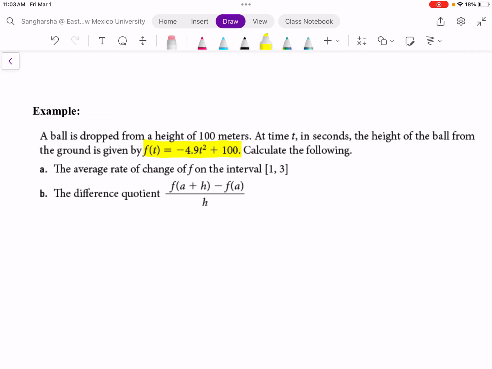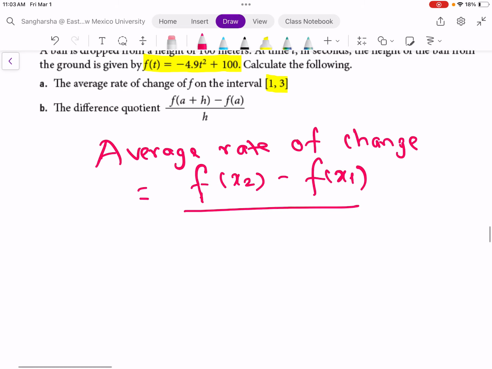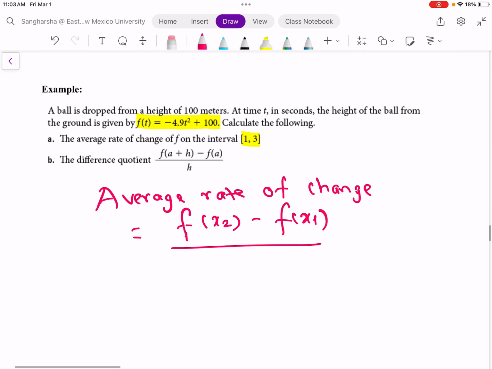Now in part A, we are asked to find the average rate of change on the interval [1, 3]. It means when your time is equal to 1 and when your time is equal to 3, we have to find the change in the height. So our average rate of change is given by f of x2 minus f of x1 divided by x2 minus x1.